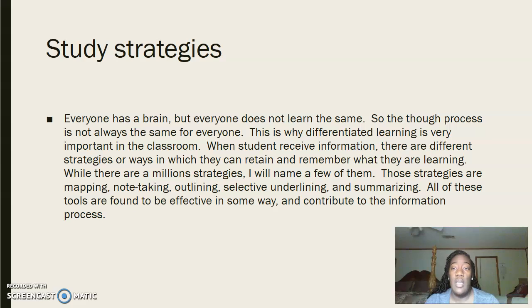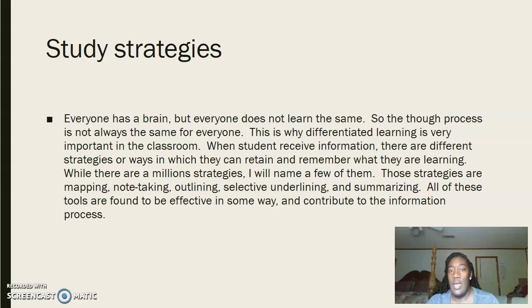When students receive information, they can remember this information by summarizing, selective underlining, outlining, note-taking, mapping, graphs, videos, lectures.